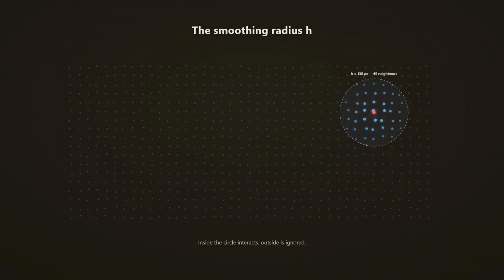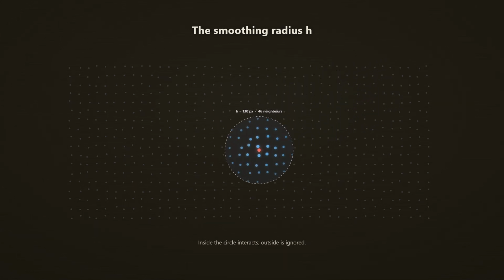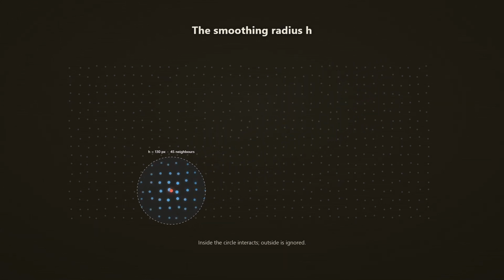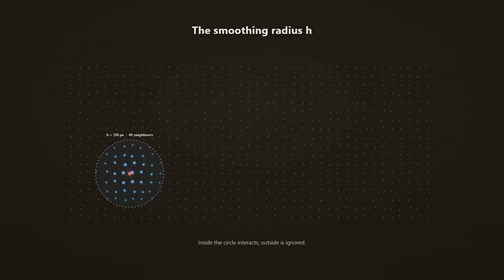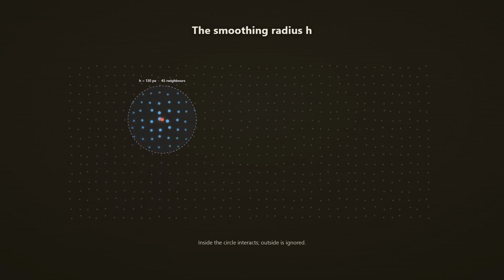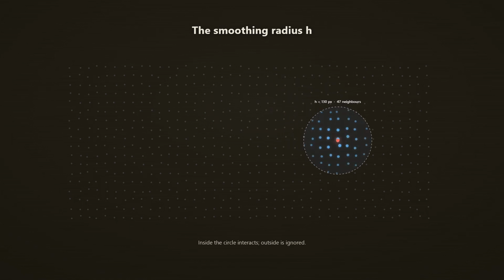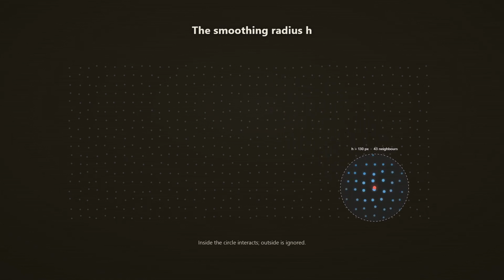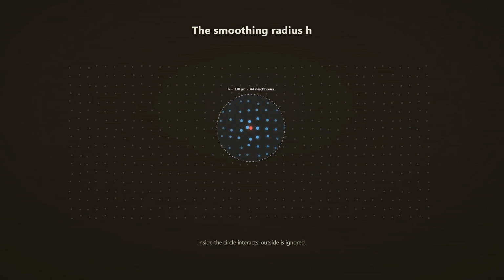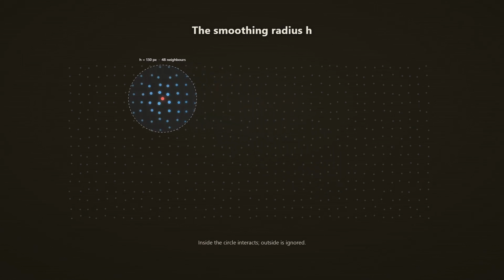There's also a way to do it with just 4 cells, but we will do the 8 cells, a 3x3 block, basically. So to be sure, it has found everyone within H. We don't have that grid yet, so for now finding neighbors would just be brute force. But keep H in mind because it lines up with the grid nicely.